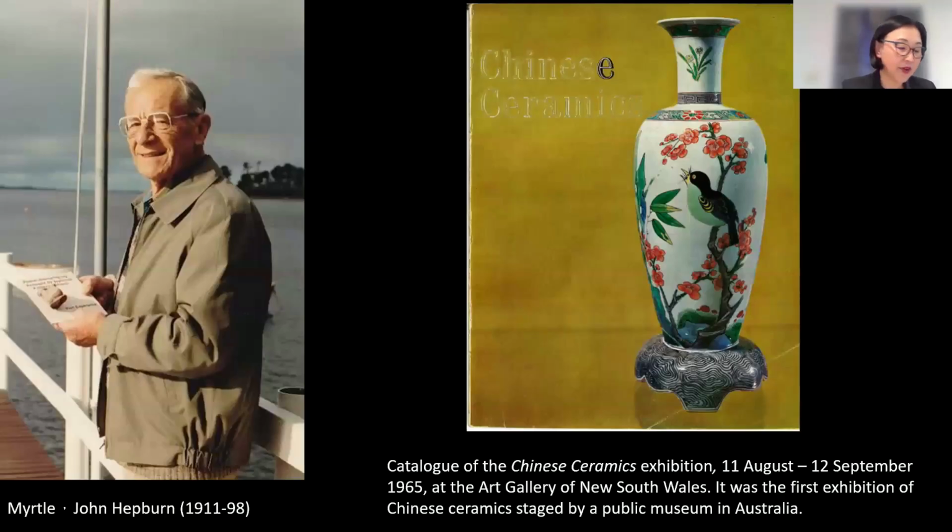And we're very grateful for John Hepburn Myrtle, who is an engineer, but he was an honorary advisor on the Cooper collection and later served on the art gallery's board of trustees and curated an exhibition of Chinese ceramics. And he also gifted his large collection, 145 ceramics, to the gallery.